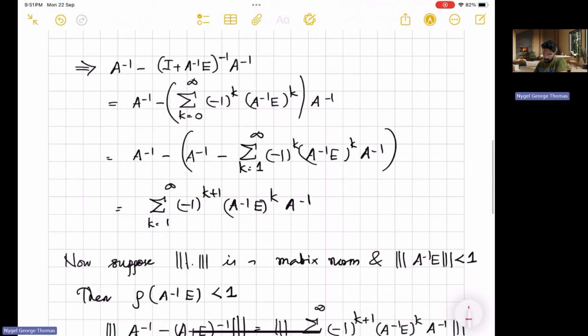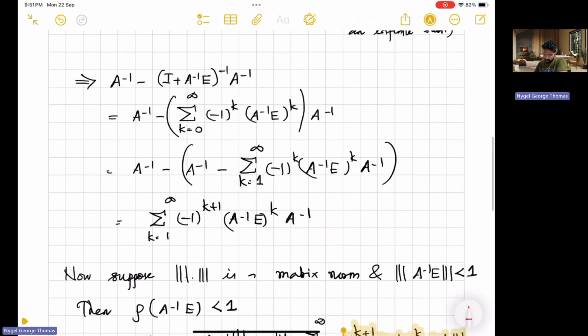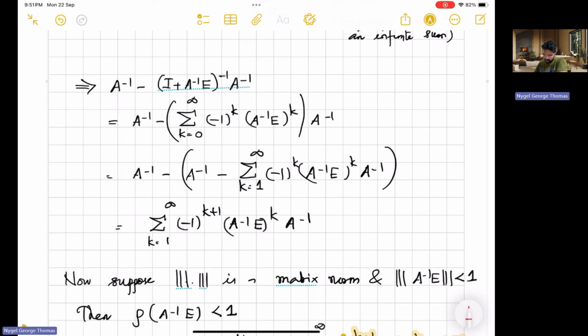If you take the first term of this sum, putting k equal to 0, minus 1 raised to 0 is 1, and (A inverse E) raised to 0 will be I. If you multiply that with A inverse, it will be A inverse.